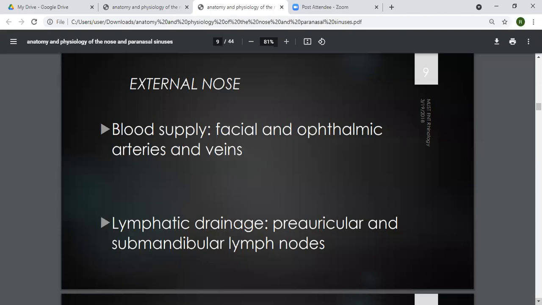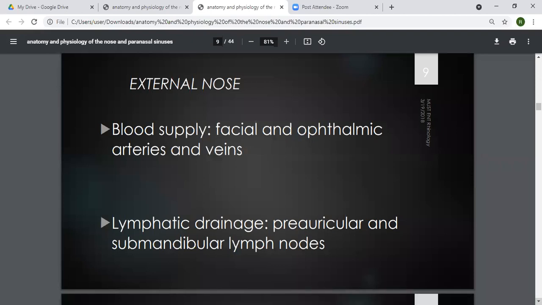For the external nose, the blood supply is arterial from the ophthalmic and facial arteries, and this is drained by the facial and ophthalmic veins.